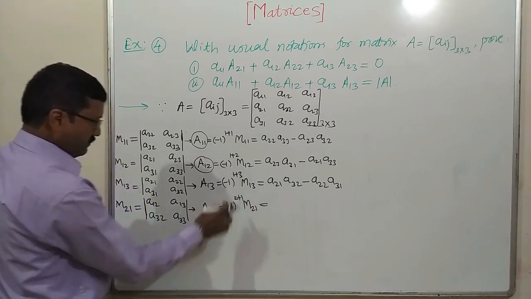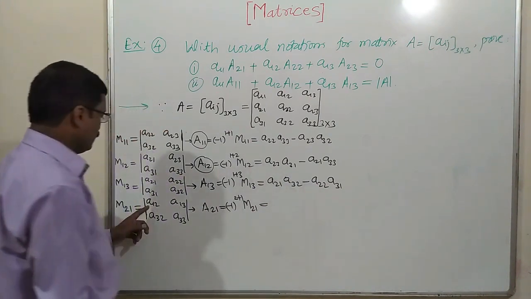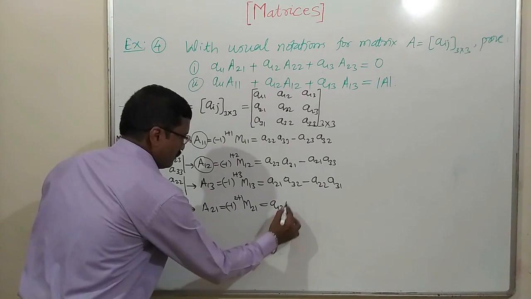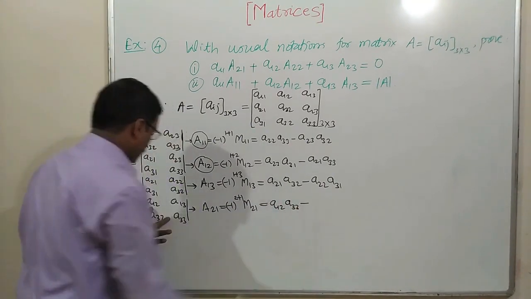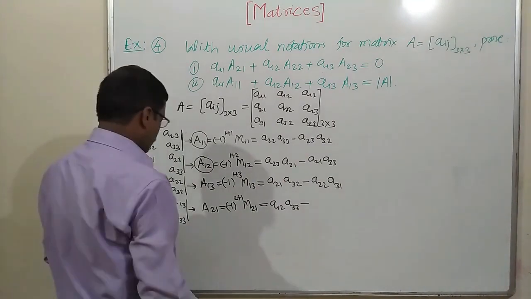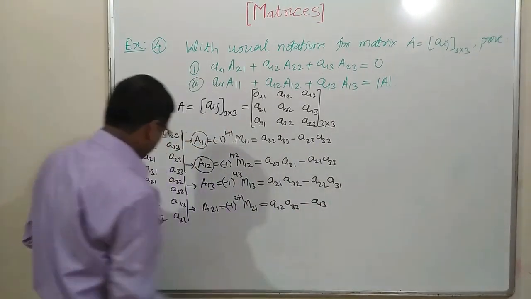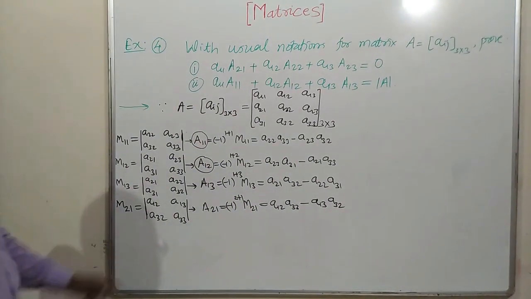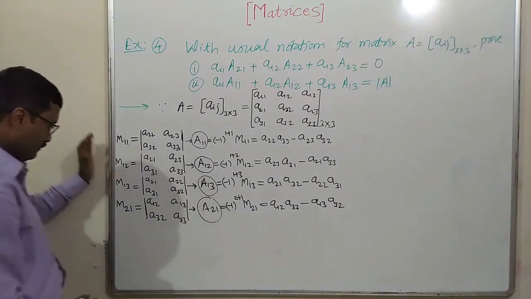Here the power is 3, so negative, so A21 is a13 into a32 minus a12 into a33. This is A21. We are finding the cofactors here.